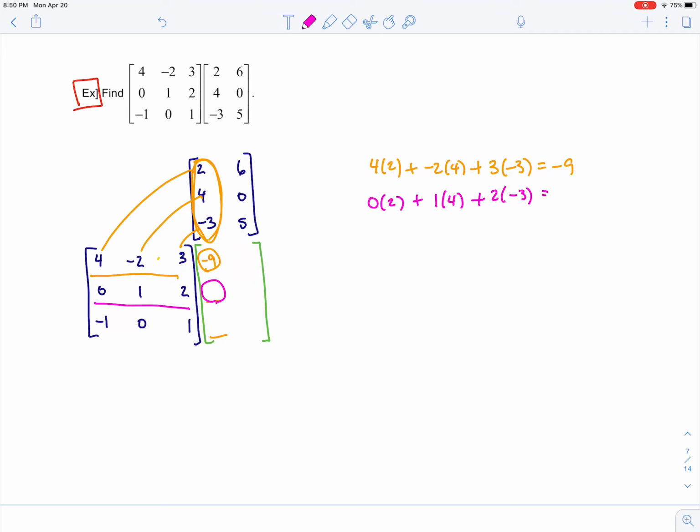So 0 plus 4 is 4, minus 6, so -2. Okay, so we keep going. You don't have to write out your work, but you won't be able to do it in your head. So for this last spot down here, I'm going to have -1 times 2 is -2, plus 0 times 4, -2, plus -1 times 3, -5.